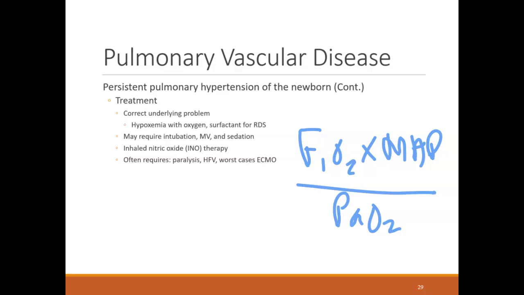Typically you want an OI of less than 25, which means your patient's oxygenating well. Once it gets above 25, that's when you should start considering nitric oxide. And if it gets above 40, that is when you should start considering ECMO and other extreme measures to correct this.